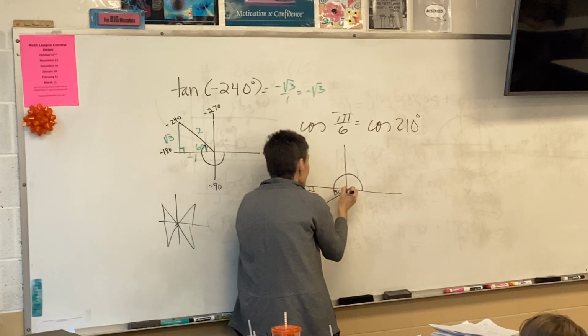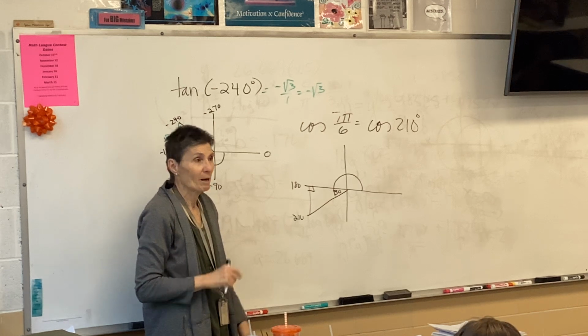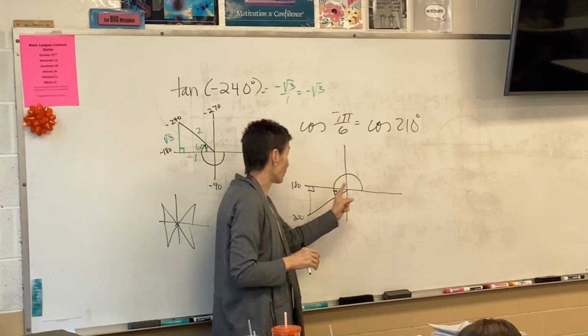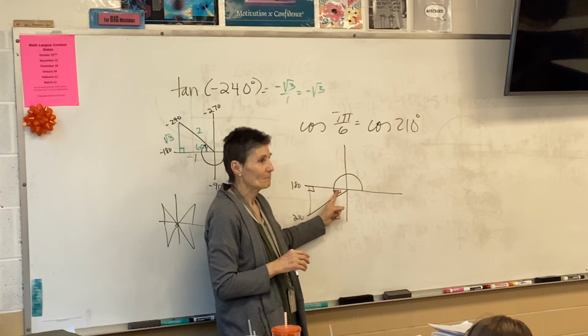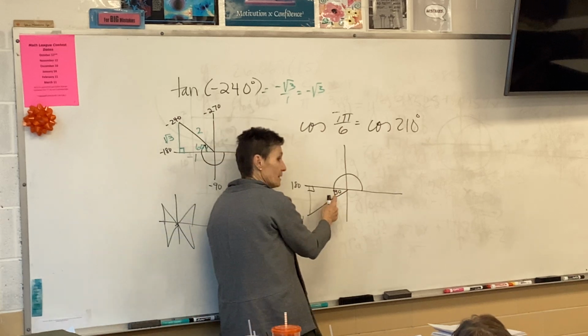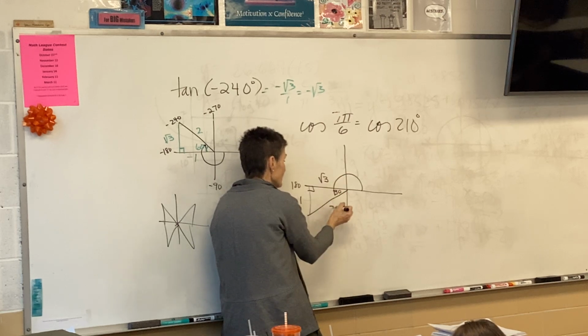30. Yeah. Anytime your denominator is 6, pi over 6, I don't know what your angle's going to be, but the reference angle will always be 30 every time. Okay, now that's 30. So this is 1, this is root 3, and this is 2.